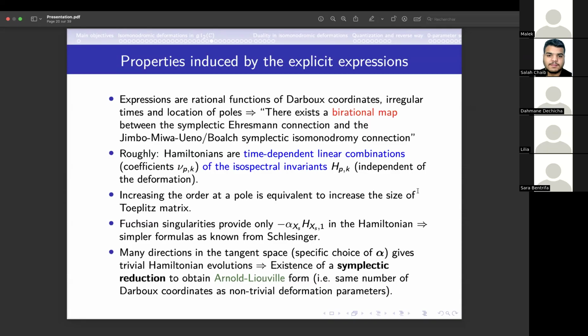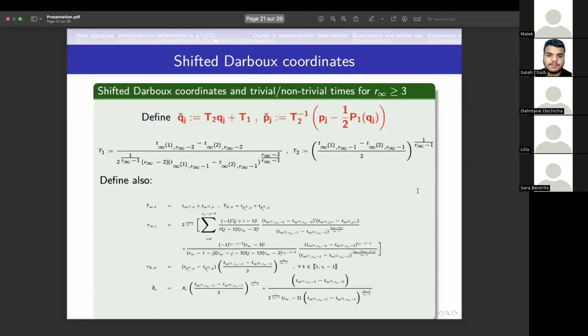But as I told you, the fact that we have a very general Hamiltonian that contains a lot of directions, and the directions are not exactly the same size as the moduli space, was actually bugging us. We were like, okay, there might be something related to the symplectic reduction, using group actions of Hamiltonian systems to get an Arnold-Liouville form. So this was the next step that we actually did.